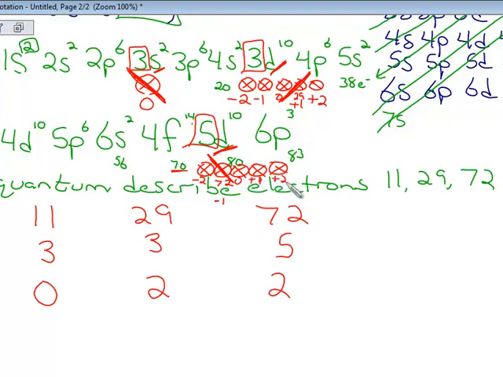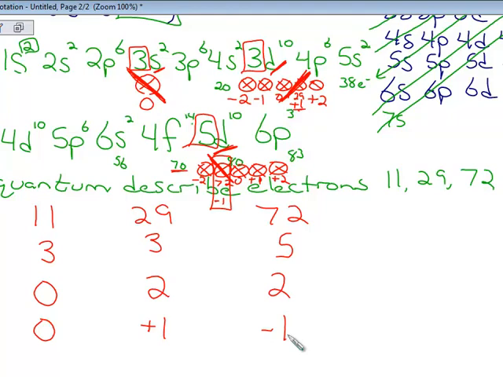So with that 11th electron, it's in a 3s, so the value of that m is 0, because there is only one orbital. When we look at number 29, when you look at this slash right here, it's in the positive 1 orbital. And when I look at this one here, again, it corresponds to that one there, and that one is going to be in the negative 1 orbital.